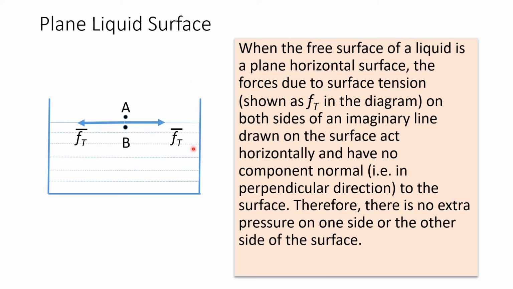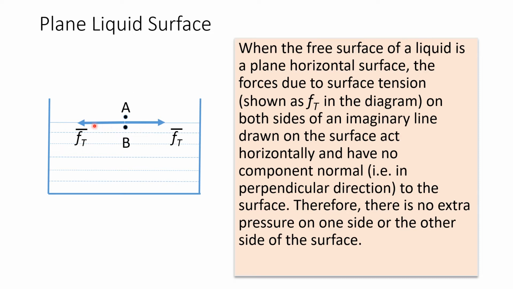Now in the adjacent diagram you can observe the plane liquid surface. When the free surface of the liquid is plane horizontal as shown in the diagram, the forces due to surface tension, shown by Ft bar, on both sides of the imaginary line drawn on the surface act horizontally. Here you can observe Ft, the forces due to surface tension acting on both sides of the imaginary line drawn.